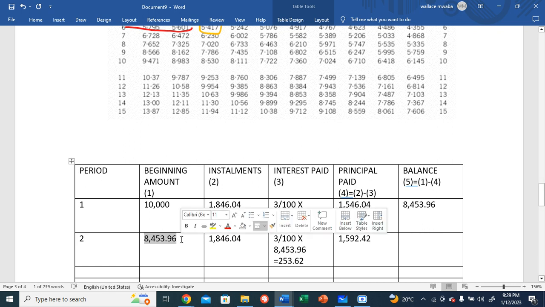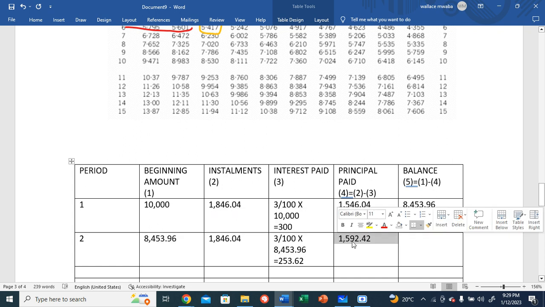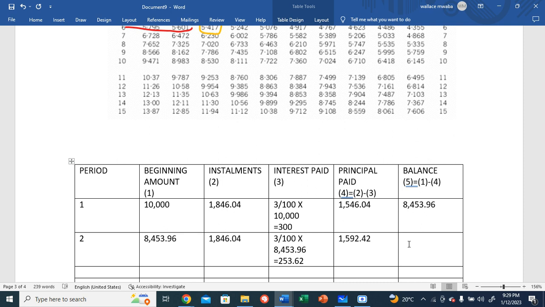Our balance, we're going to say 8,453.96 minus 1,592.42. In the exam, when this comes as question one, make sure you start with these kind of questions, because these are not the questions to do when you have 30 minutes remaining.